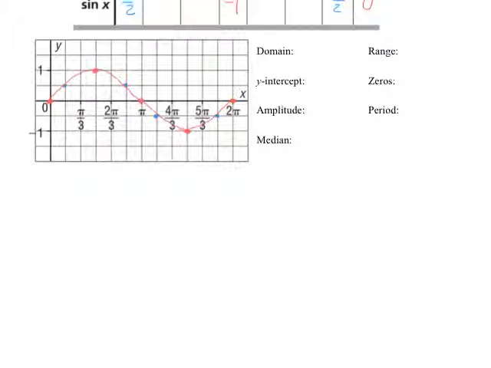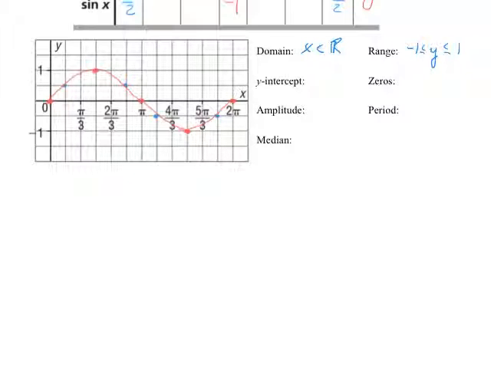For this question, we were only asked to sketch the graph for x values from 0 to 2 pi, but if we weren't given that restriction, the domain for this function would be that x could be any real number. The range, we can see our y values oscillate from a minimum of -1 to a maximum of +1.